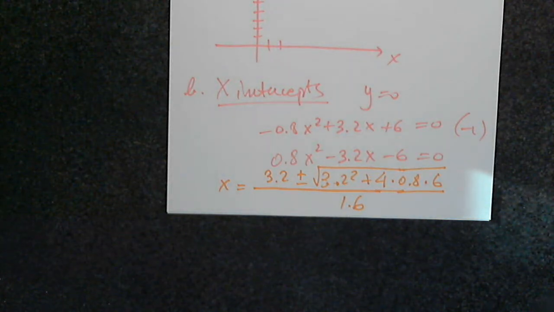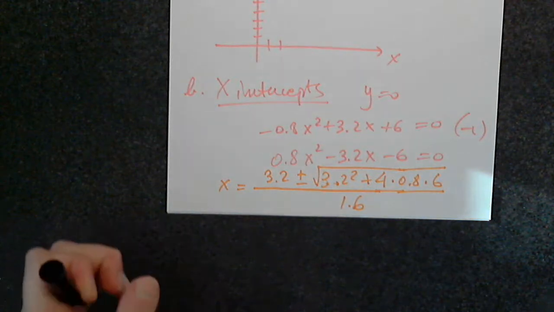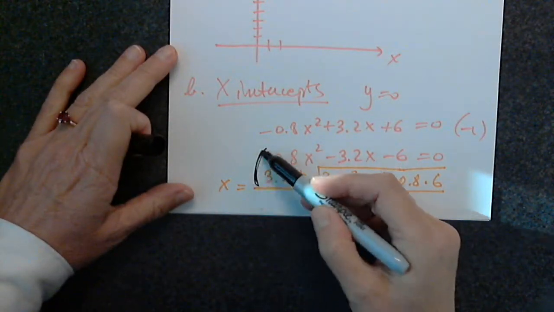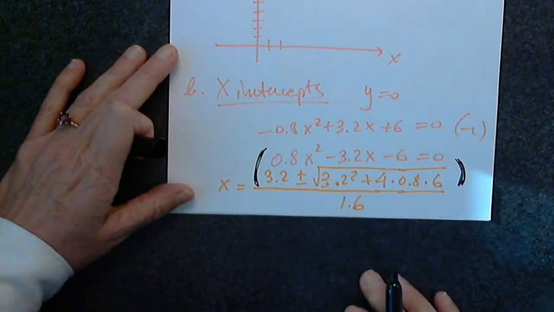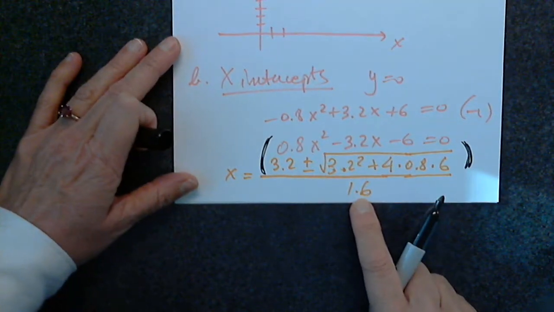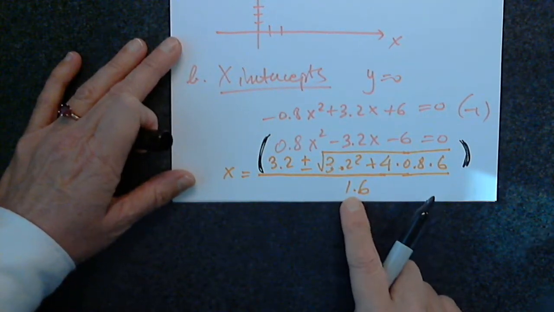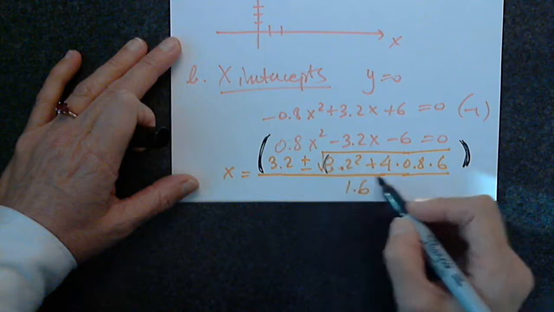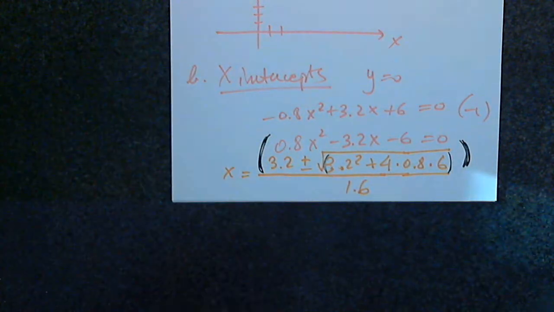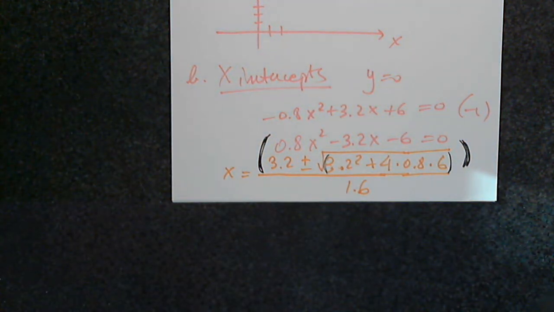Do not forget parentheses. If you put it in the graphing calculator, do not forget parentheses around the numerator. The denominator does not need parentheses because it's just one number. I will also put parentheses under the square root because that's me. Your calculators are more sophisticated than I am, and they probably don't need parentheses, but I insist.